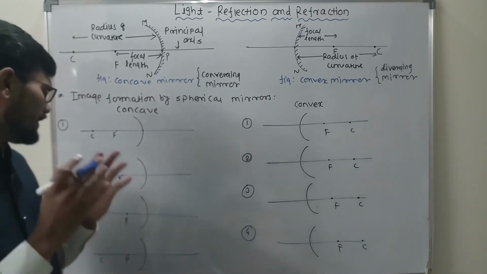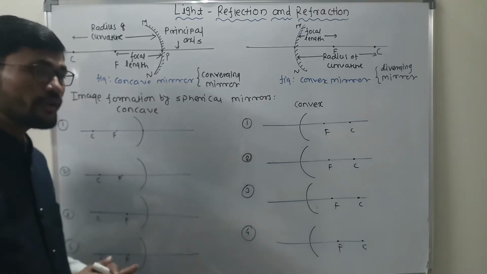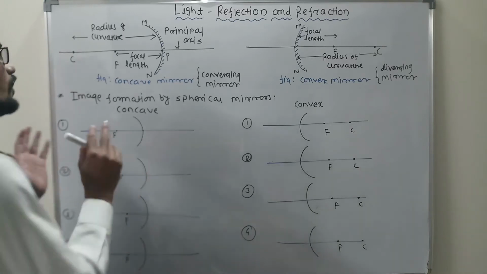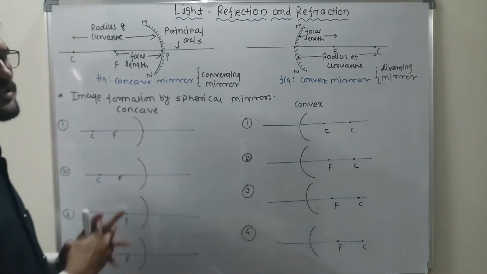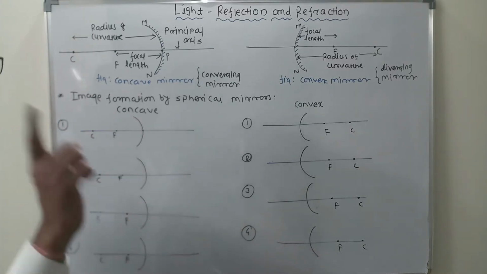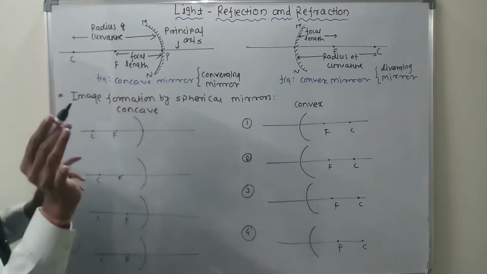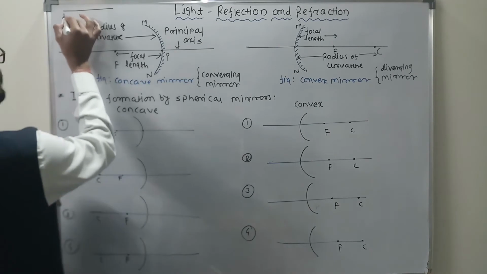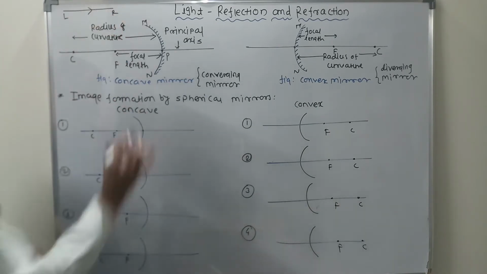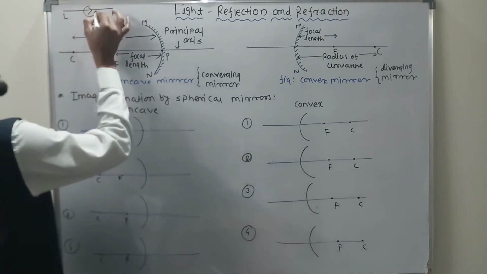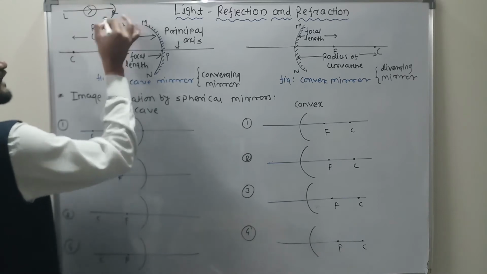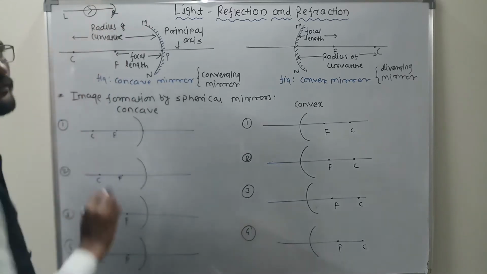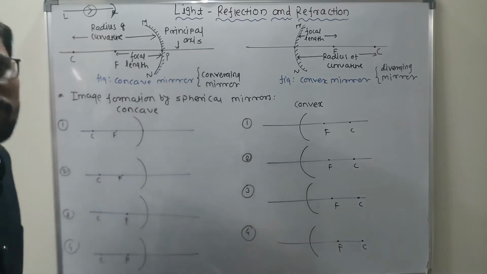Now I need to mention some rules here, how we are going to incident light on both the spherical mirrors or even the lenses. Remember that a ray of light always has to be incident from left to right. And this arrow has to be mentioned. If you place the mirror here, this is the rule to incident light on a mirror.